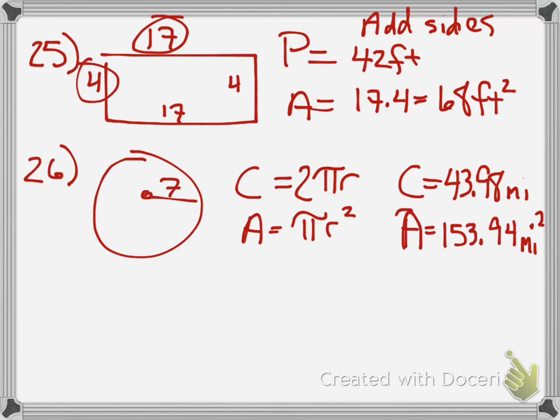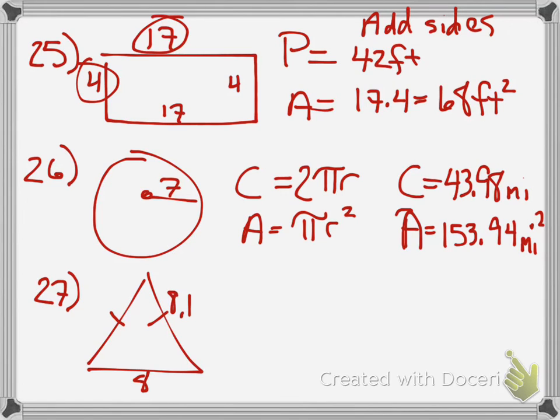Okay? And then on 27, you have to realize that this side is 8.1, and this is 8, and this is 7. Because of this hash mark, this is also 8.1. So if you add those up, your perimeter is going to be 24.2 millimeters.